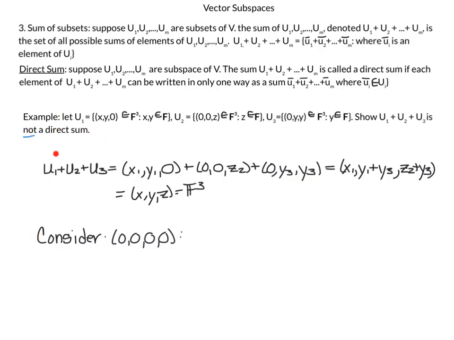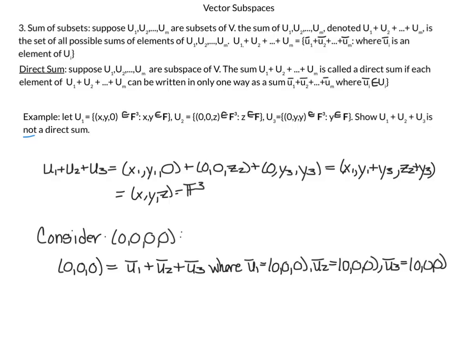The easiest way to show something is not a direct sum is to find 2 ways to get the additive identity. So we're going to consider the additive identity 0, 0, 0. And the most obvious way, which is always the first way you should come up with, is to let U1 equal 0, 0, 0, U2 equal 0, 0, 0, and U3 equal 0, 0, 0.